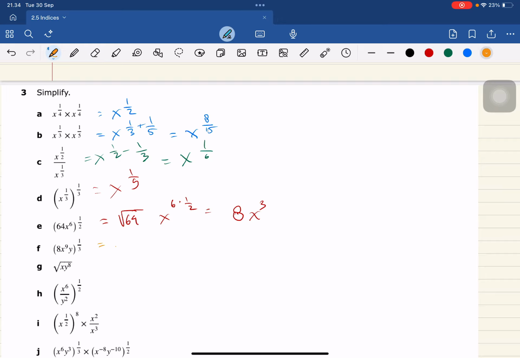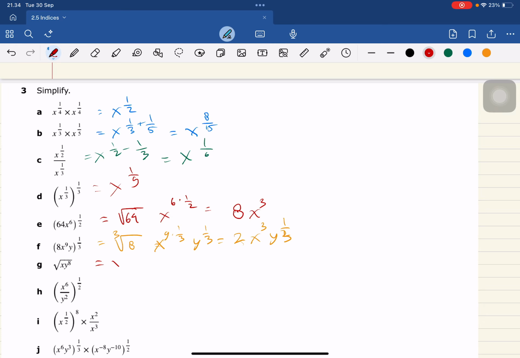Next, so this is cube root of 8 and then x 9 times 1 over 3 and then y times 1 over 3 will give us the answer of 2x power of 3 and then y power of 1 over 3. Okay, here we can simplify it.